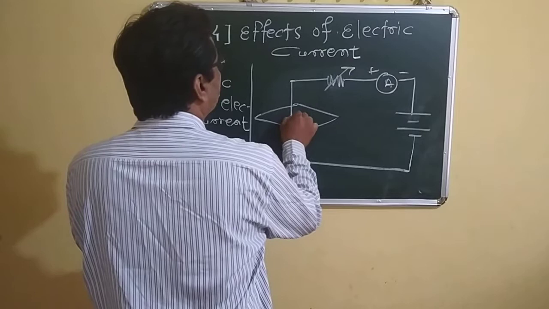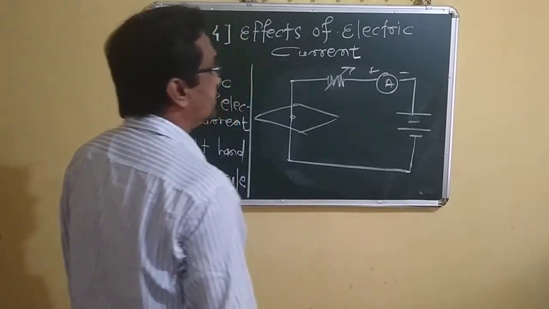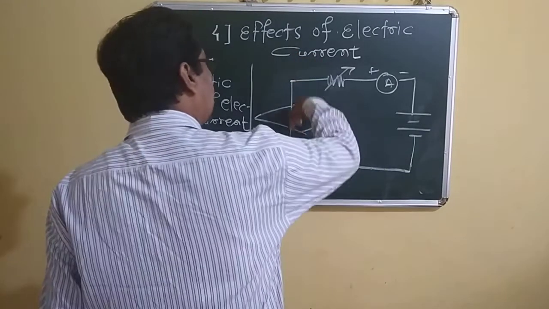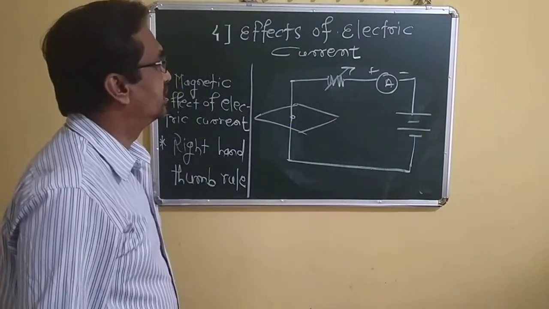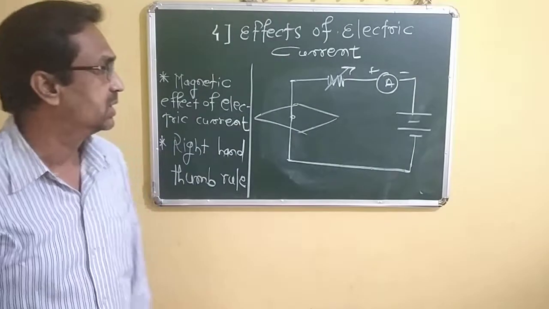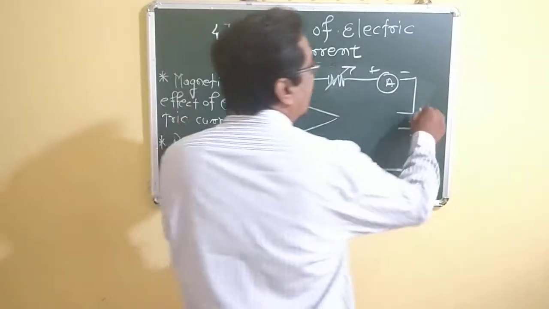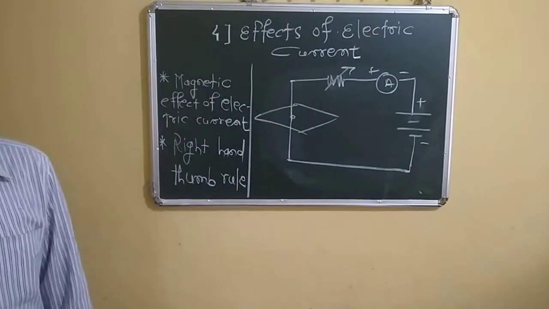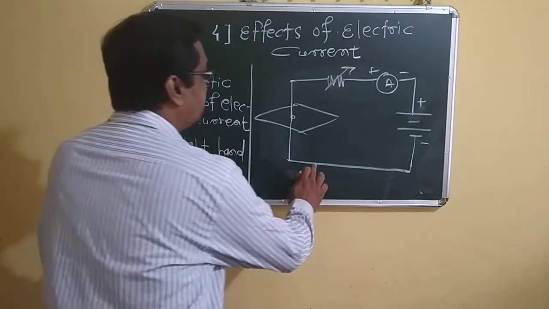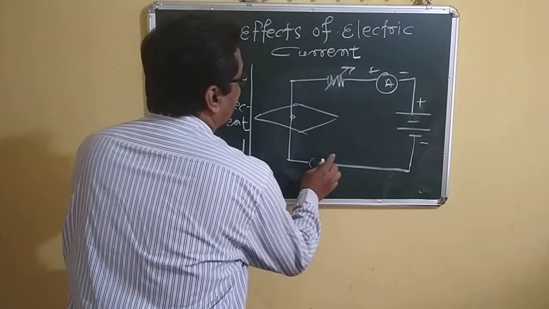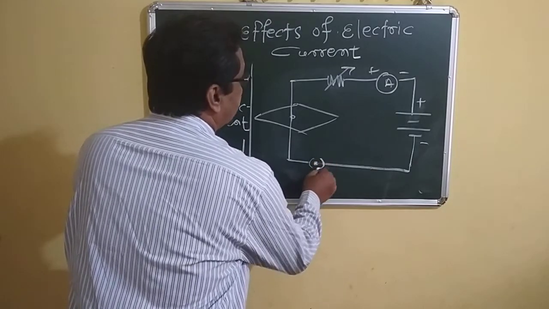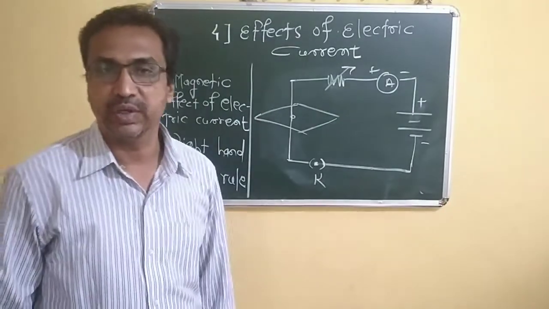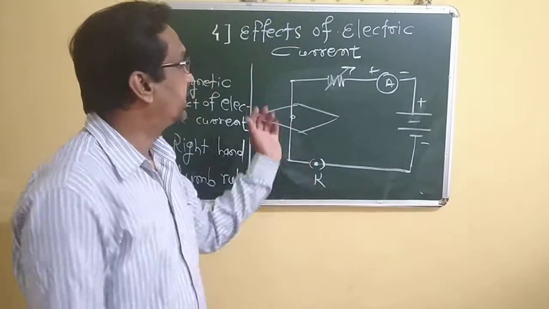We have to insert this copper metal wire inside the cardboard, and then start the experiment. Here is a positive terminal, here is a negative terminal. Another thing they have provided is a key, a button which can switch the electric circuit on and off.